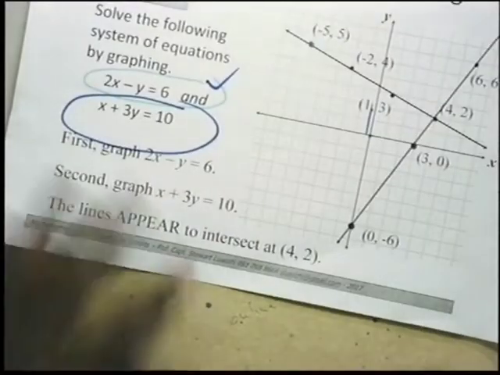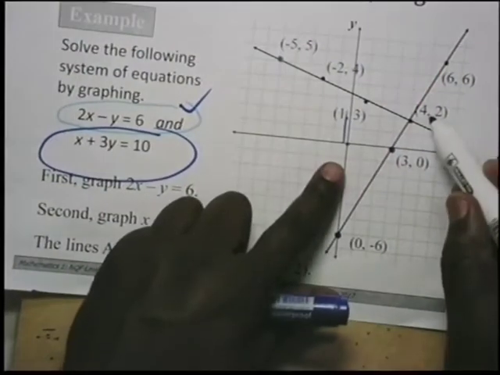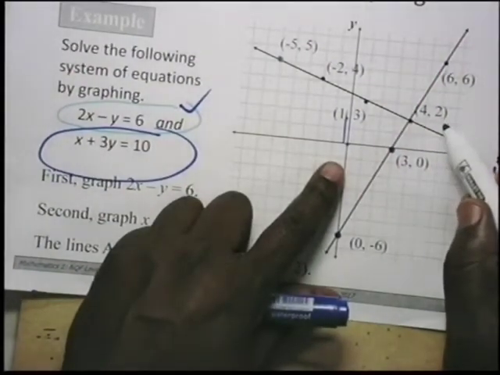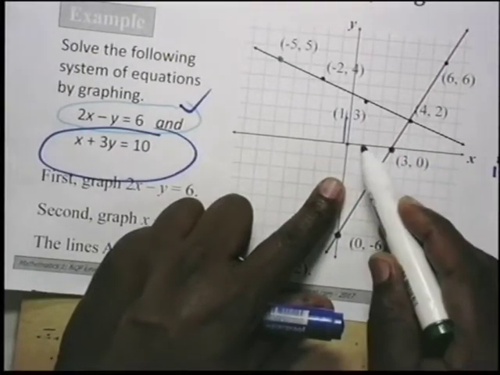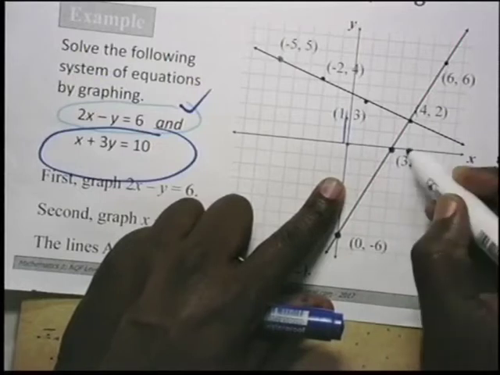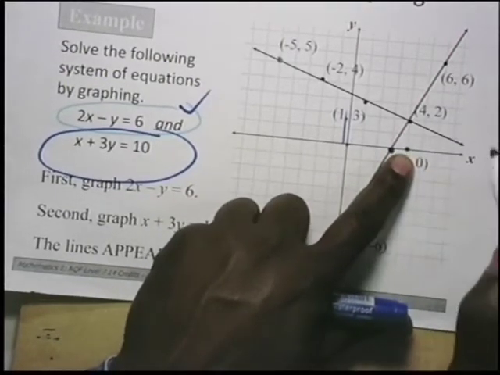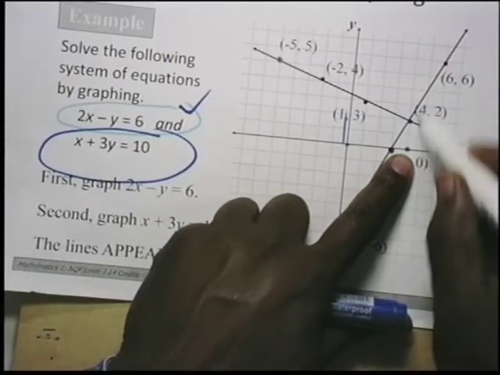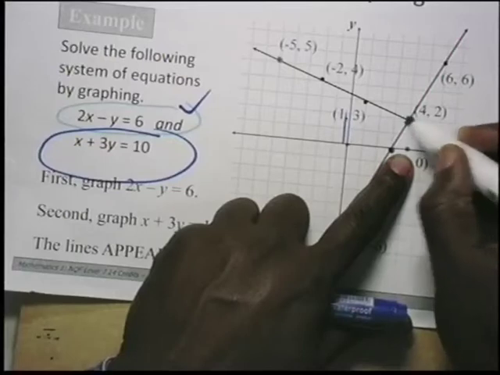When we go back to our graph, you see the point where x is 4 and y is 2. For x, we start from here going 1, 2, 3, 4, somewhere there. Then we go right. We mark it there. Then y is 2, it means we are going along y twice. 1, 2. So it becomes there.